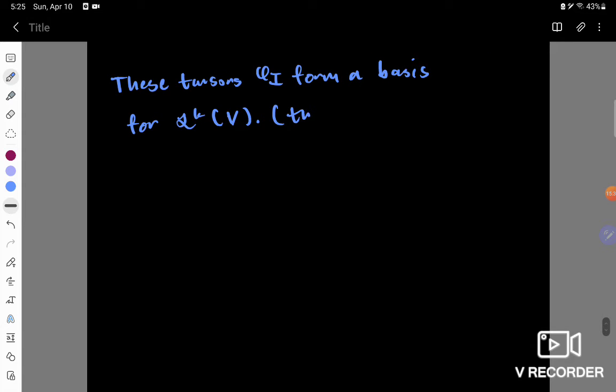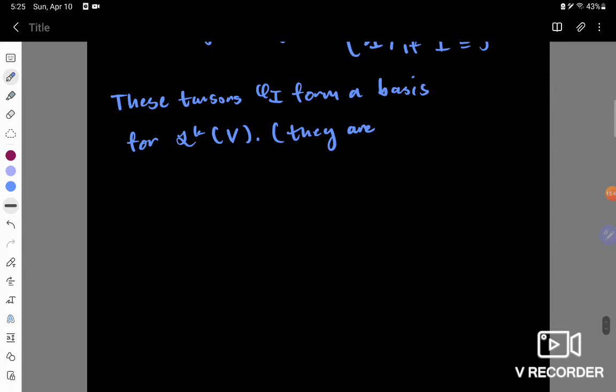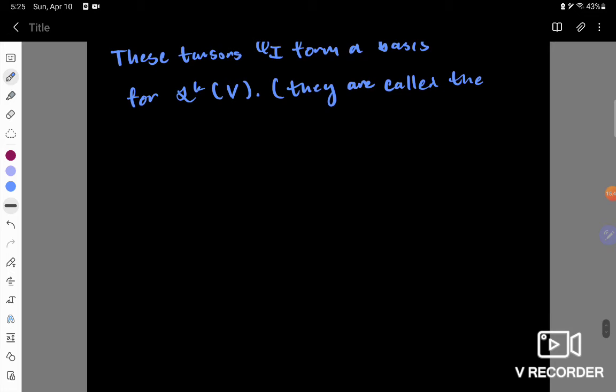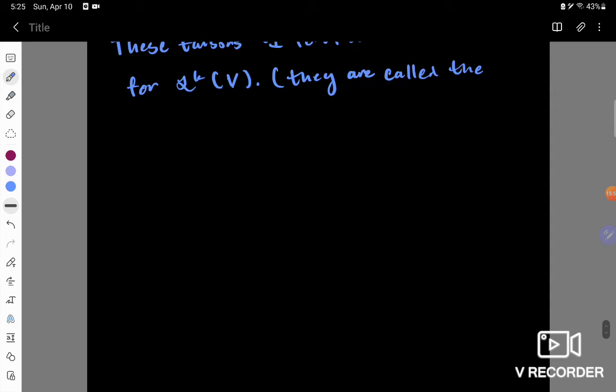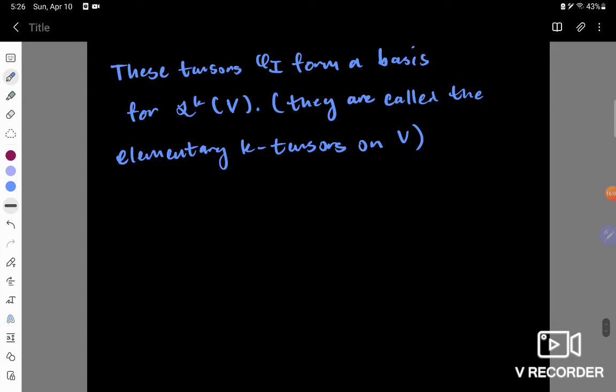And actually, I should just write, they are called, as I referenced earlier, the elementary k-tensors, because elementary refers to basis elements, or just constructing the space from these fundamental k-tensors. The elementary k-tensors on a given space V, which corresponds to a certain basis, but that's implicit.